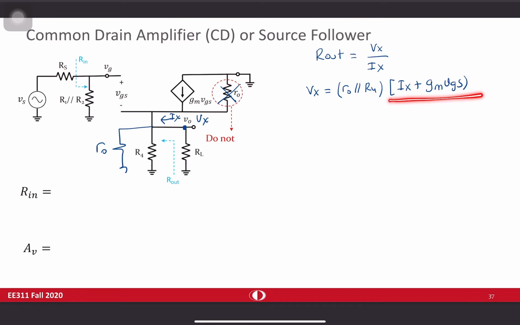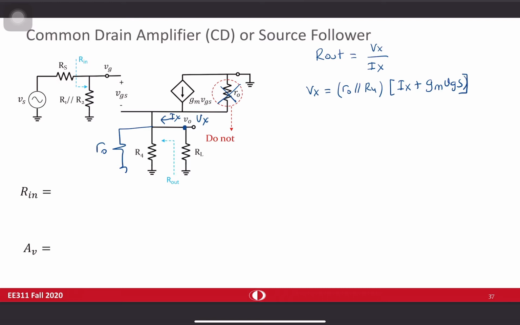This term is in fact this current plus this current passing through here. Note that R0 is not here anymore. So these two currents are adding up and flow through R0 and R4.